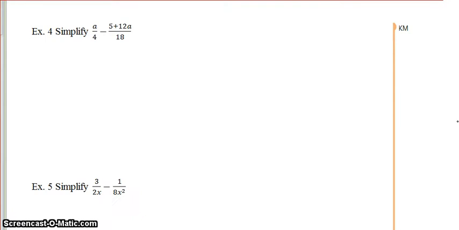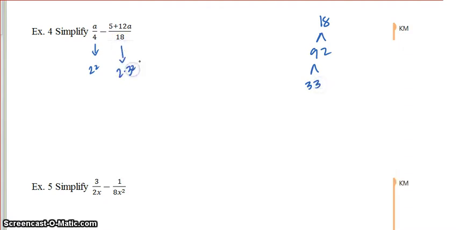Okay, now we need common denominator. So I need to find the LCD. So if you think about that, that's 2 squared. And 18, if I think of it over to the side, 18 is 9 and 2, 3 and 3, so it's really 2 times 3 squared. So therefore we're going to be using 2 squared and 3 squared, which is 4 times 9, which is 36.